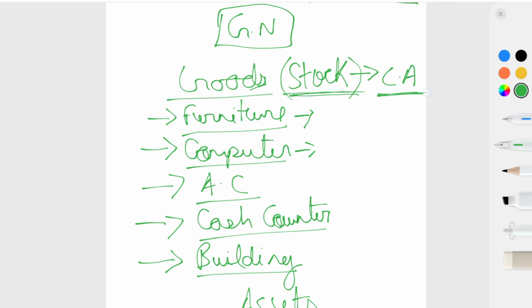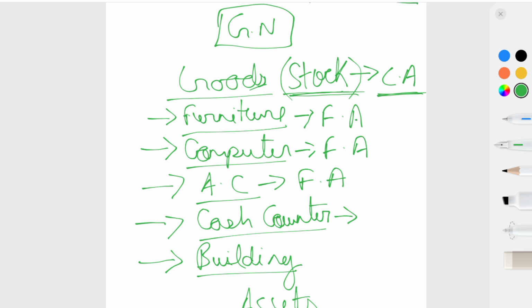Within a year, transactions are taking place in these goods, right? Furniture, a businessman does not change every year, so it stays with the business for a longer period. That's why it is a fixed asset for the business, right? Same way, computer, a businessman does not change his computer every year, so it is also a fixed asset for the business. AC is again an example of fixed assets.